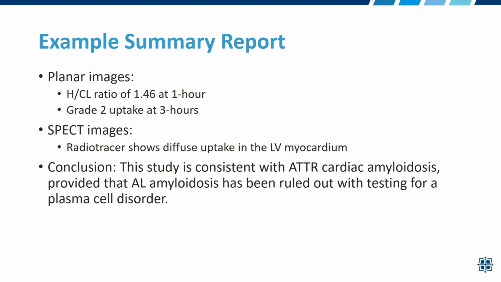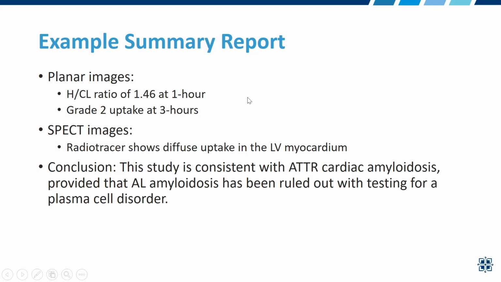And we describe the ratio at 1 hour, we describe the grade at 3 hours, and we describe the findings on the SPECT image showing that the radiotracer had diffuse uptake in the myocardium, and then a conclusion saying this is consistent with ATTR cardiac amyloidosis, provided that AL has been ruled out with testing for a plasma cell disorder, something along those lines where you're letting people know that you need to evaluate for AL because we think in some data up to 20% of patients with AL cardiac amyloidosis can have pyrophosphate uptake in the heart.